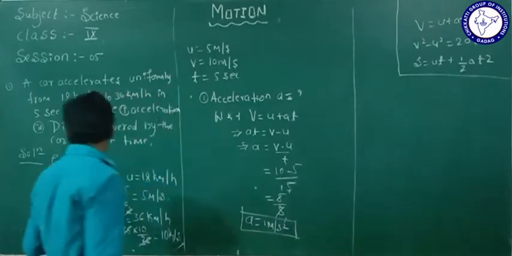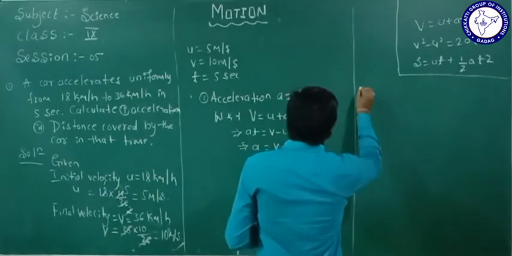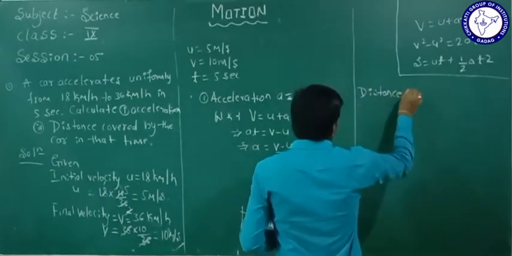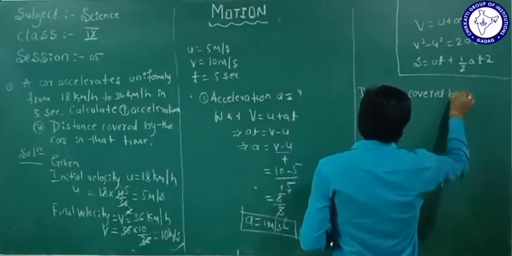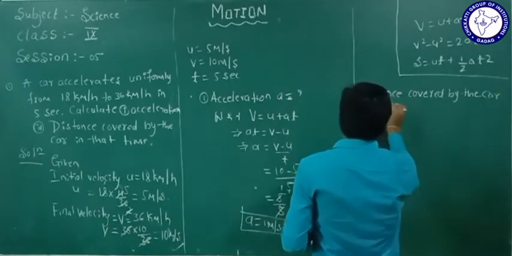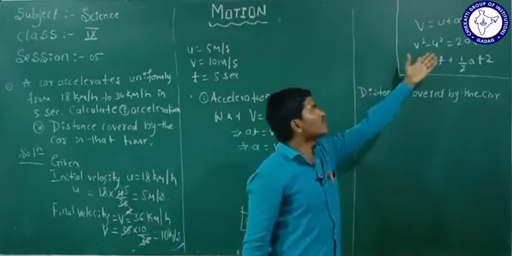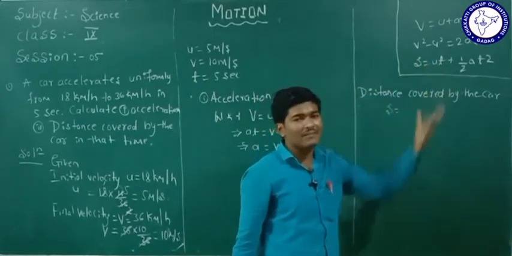Then what are they asking for? Second thing, the distance covered by the car. S is equal to, you may take any one expression here. Either you take v square minus u square is equal to 2as, or you take s is equal to ut plus half at square.